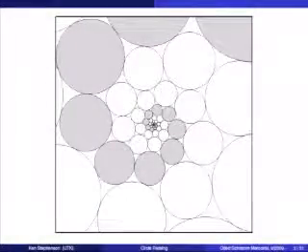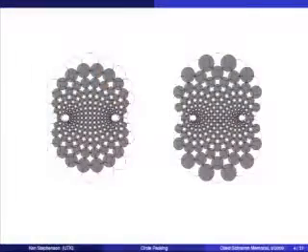A Doyle spiral. This is one of Oded's square grid packings, a couple different versions of the error function, early stages of developing an error function discretely.